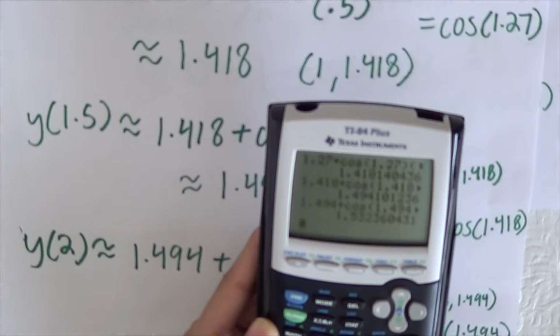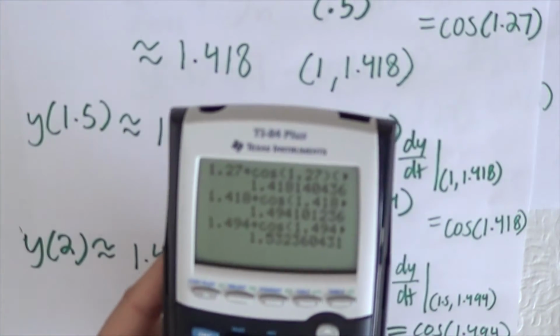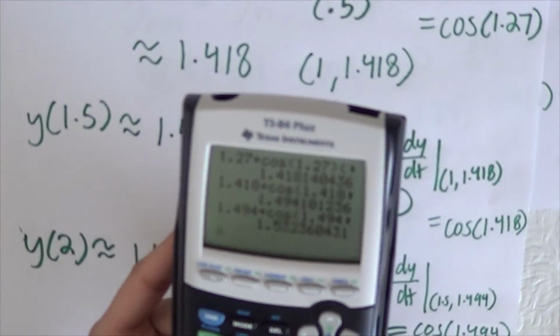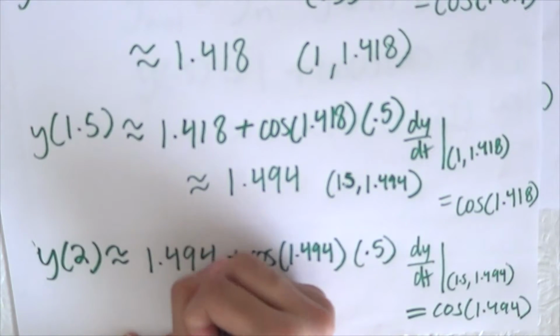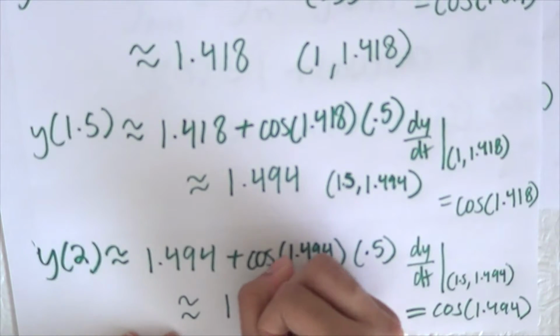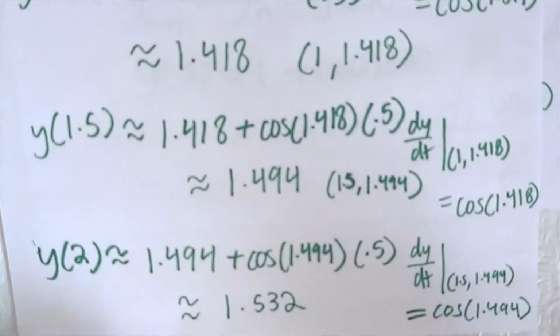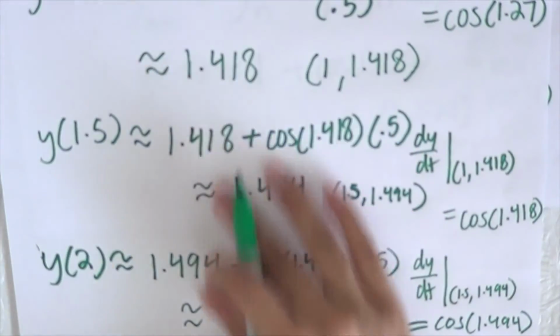Oops. 1.532. So 1.532 approximates to that. So those are our approximations.